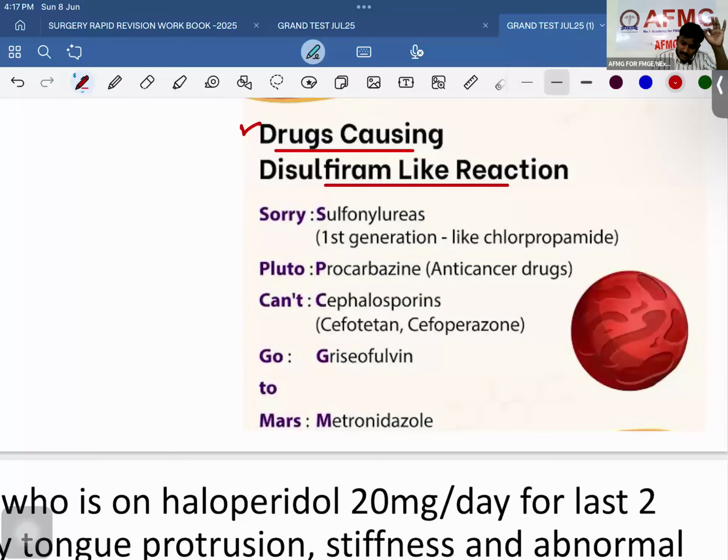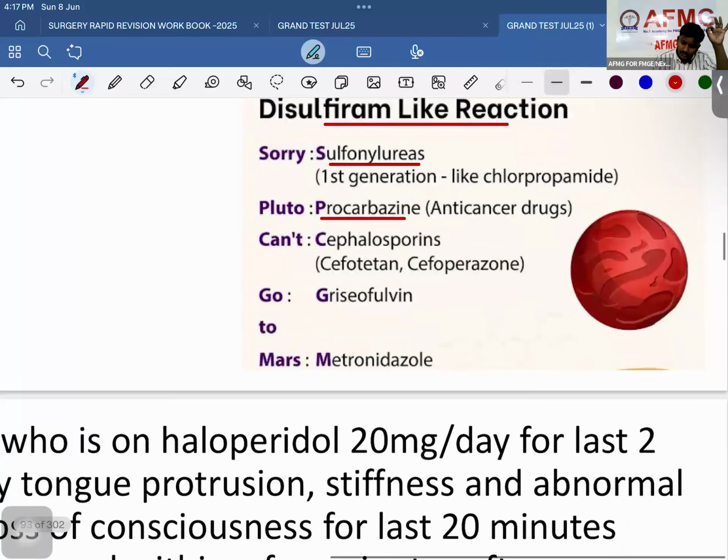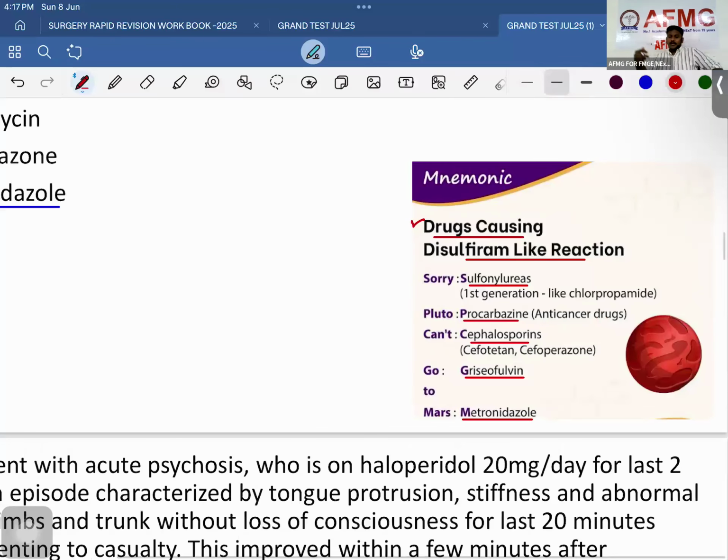S for sulfonylureas, especially the first generation like chlorpropamide or tolbutamide. P stands for procarbazine. C stands for majority cephalosporins, especially cefotetan or cefoperazone. G stands for antifungal, that is griseofulvin, and M stands for anti-amoebic, that is metronidazole. These drugs are known to cause disulfiram-like reaction.